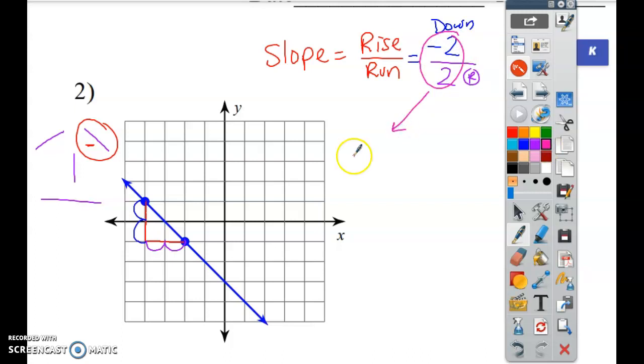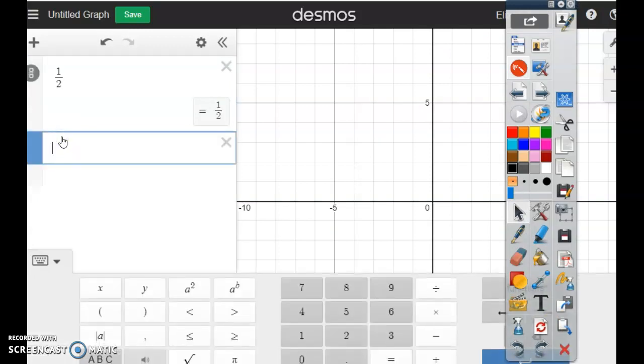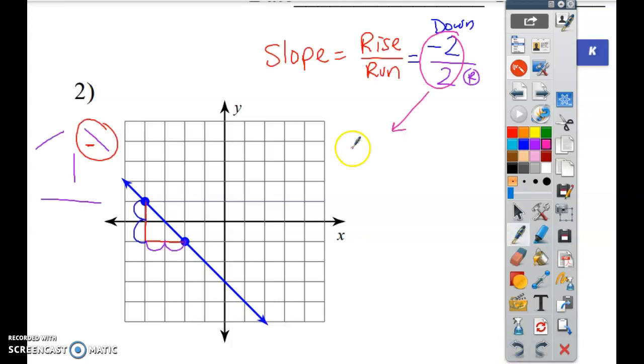Right, so divide, -2 divided by 2. And that is a -1. So my slope, and we knew, was a -1. So right here we would say that our slope equals -1.